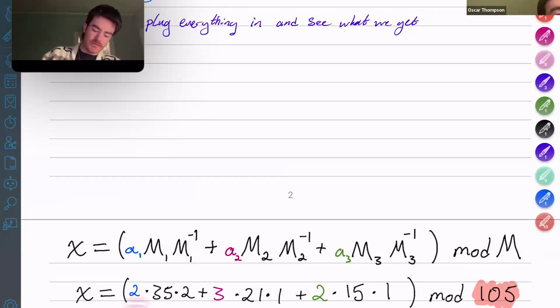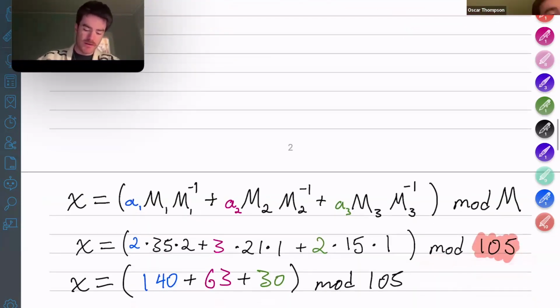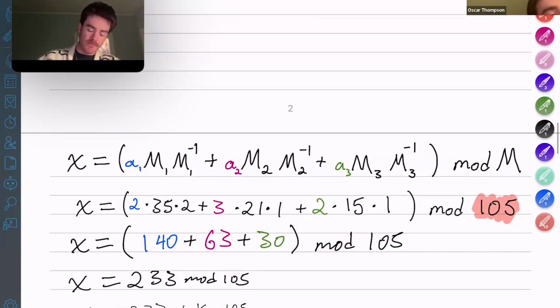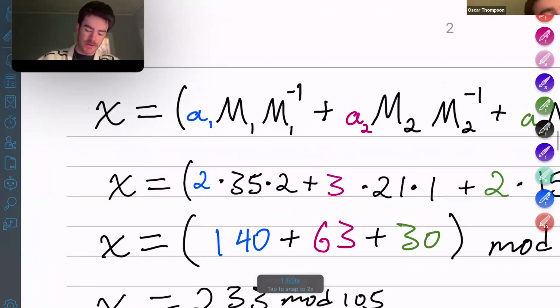We get that x is equal to 2 times 35 times 2 plus 3 times 21 times 1 plus 2 times 15 times 1 mod 105. That gets us that x is equal to 140 plus 63 plus 30. These are all the things we got from the green equation, the purple equation, and the blue equation. Then simplifying, we get that x equals 233 mod 105.